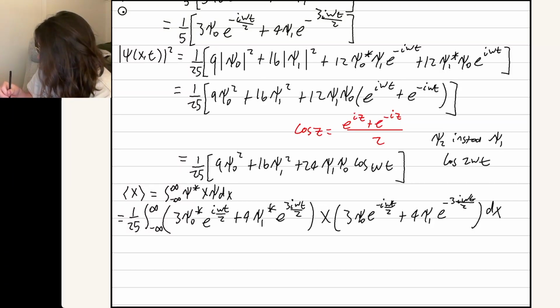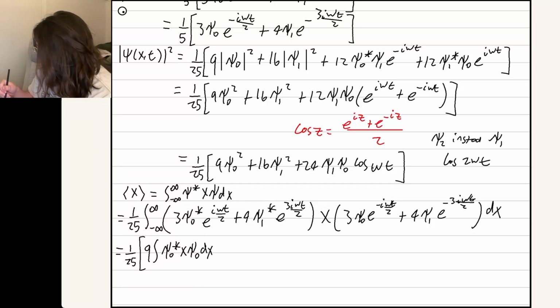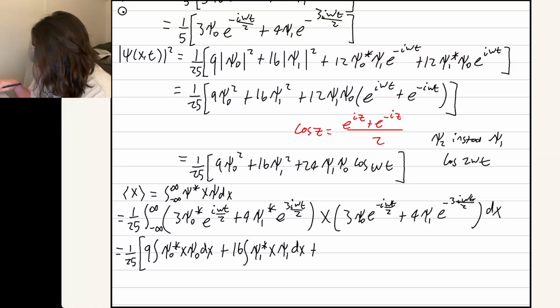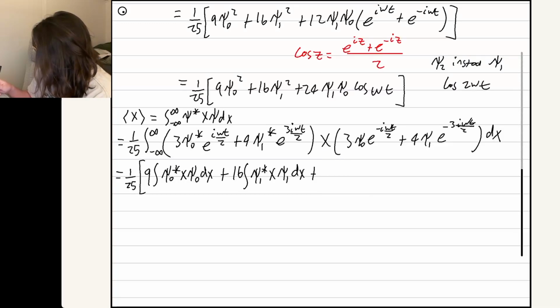And then when we combine everything, I'm actually going to split this up into a bunch of integrals. We'll have 9 times the integral psi 0 star x psi 0 dx plus 16 psi 1 star x psi 1 dx plus a couple of cross terms which are pretty different from each other.